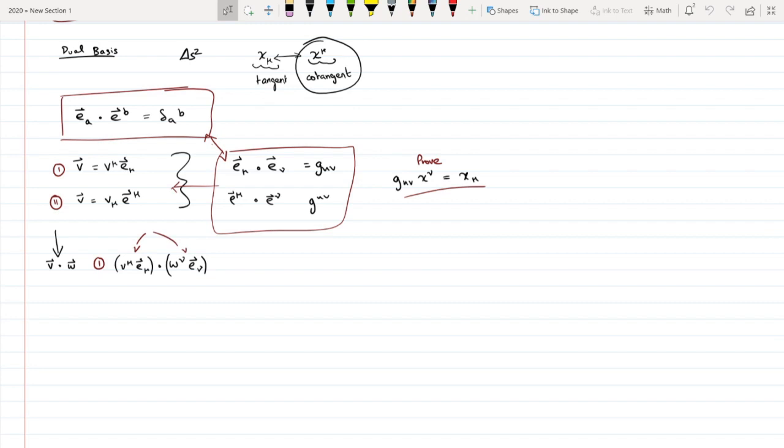Right? So now note that V mu and W nu are just scaling factors, like 5, number 7, whatever it is. So I can pull my vectors out through them, and I get E mu dot E nu. Does everyone agree with this?